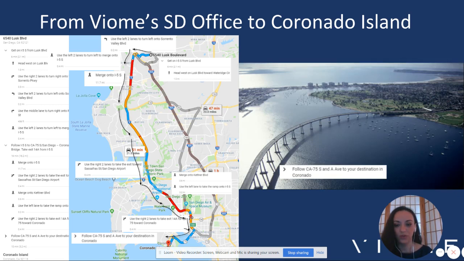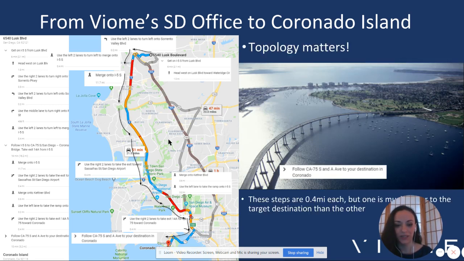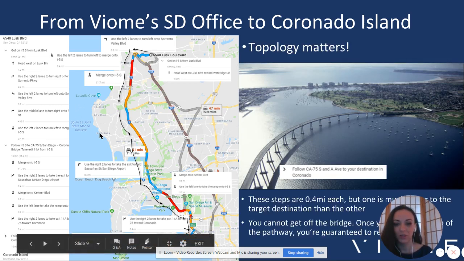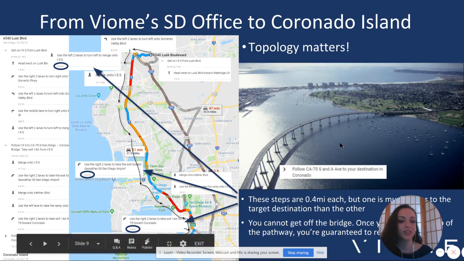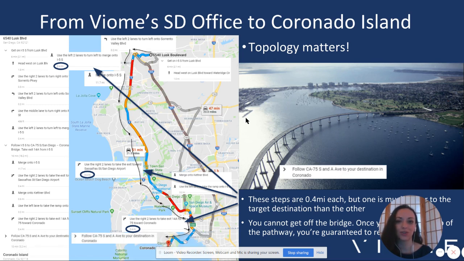So even though on the map you see segments of, let's say, 0.4 miles each in multiple places, they can mean very different things. Ones that are more upstream, they can lead you to all kinds of places. There's not as much guarantee that you're going to end up in Coronado Island. But ones that are closer, like I said, on the bridge, once you're there, you're basically guaranteed to get to Coronado Island and spend at least 5 minutes there that it's going to take you to turn around in case you want to leave.